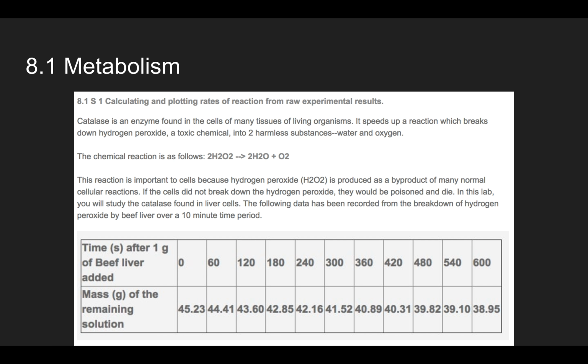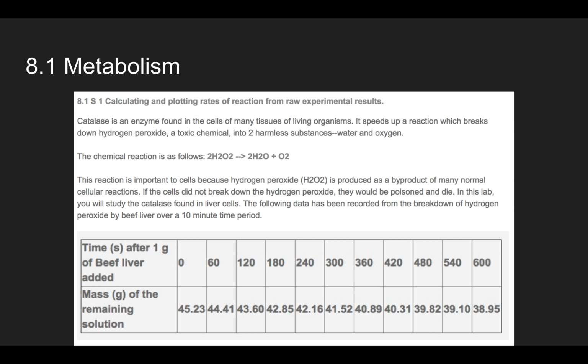So if you imagine, for those of you that weren't here at the beginning of class this morning, a bucket filled with a neutral solution, and the bucket has 1 gram of beef liver in it, and in beef liver you have the enzyme catalase. It's in all living systems.